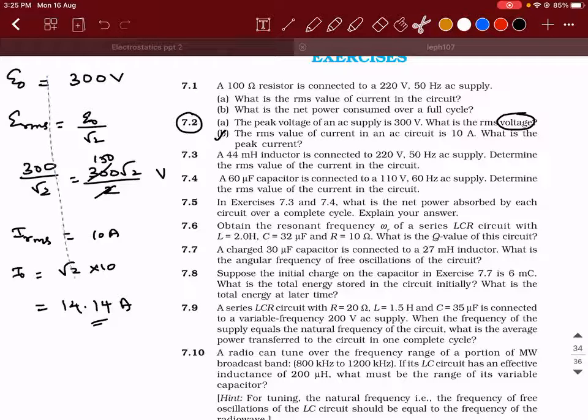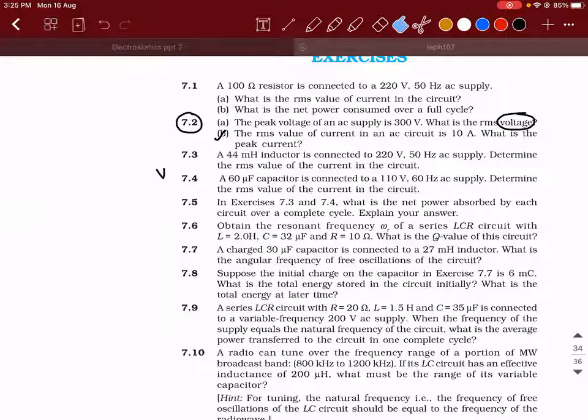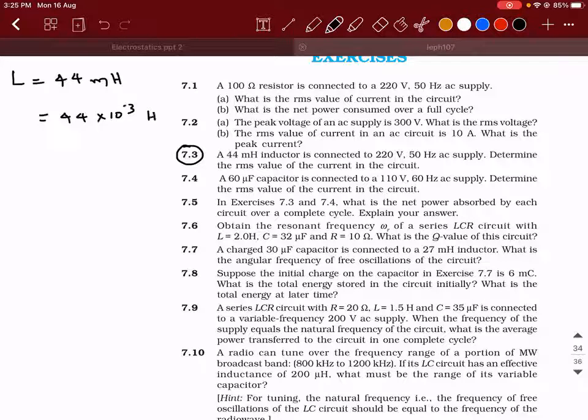Done? Yes, sir. Try the next one. There is an inductor of 44 millihenry connected to a 220 volt supply and the frequency is 50 hertz. Determine the RMS value of current in the circuit.